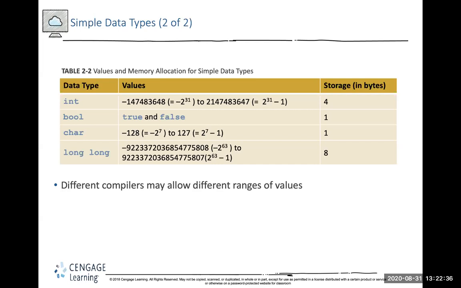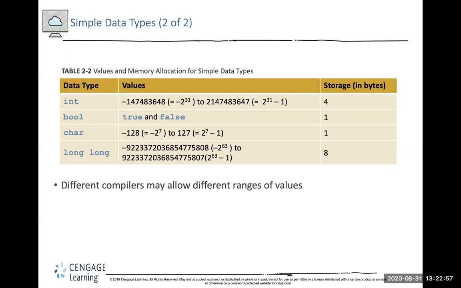So here are some examples. Integers are stored with 4 bytes, and so there's a range of values that are valid for this type. If it's outside its range, then you cannot use this data type.